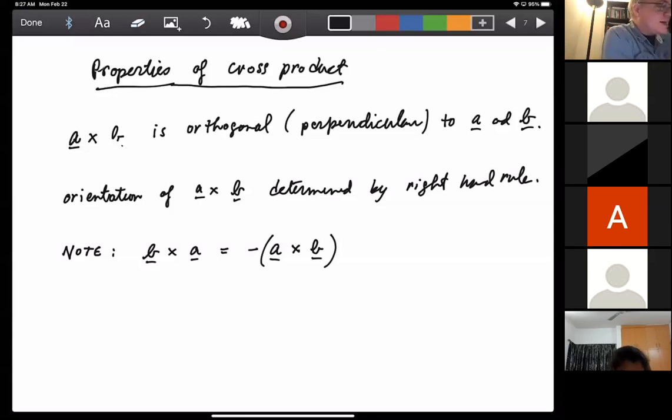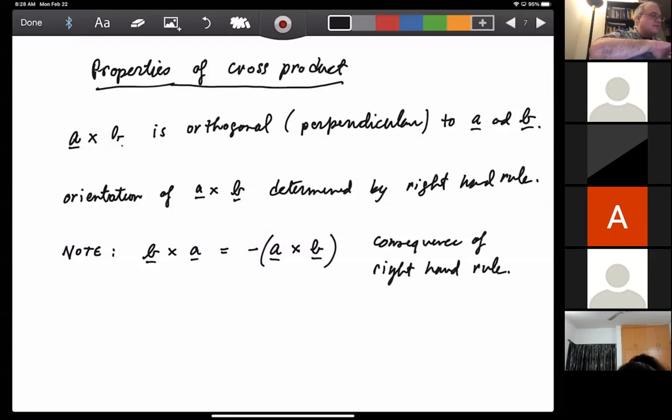This is a consequence of the right-hand rule. If I start with my fingers pointed along the vector B and curl towards A, my thumb is going to point in exactly the opposite direction as if I start with my fingers pointed towards A and curl towards B. So that's an important property of the cross product.